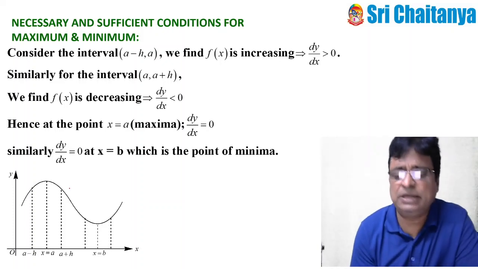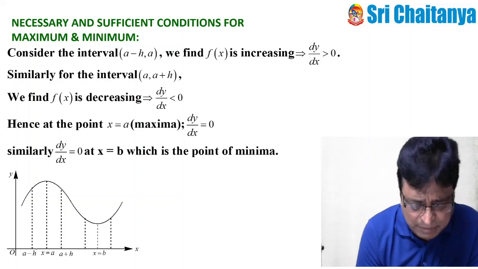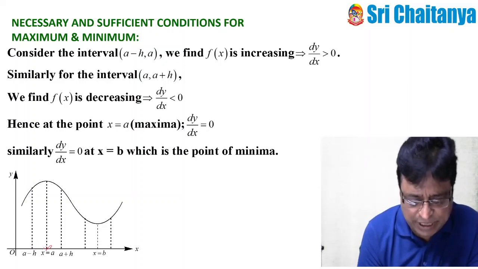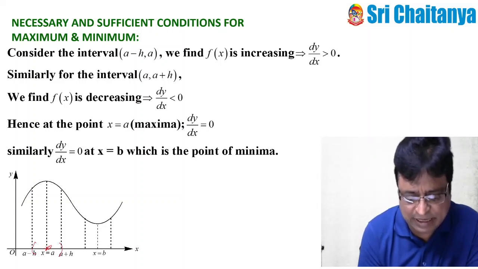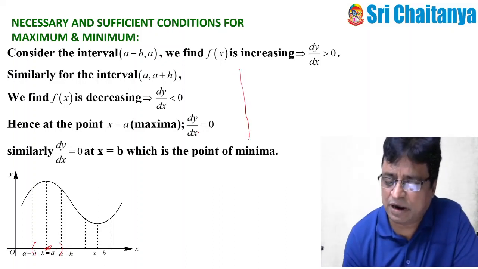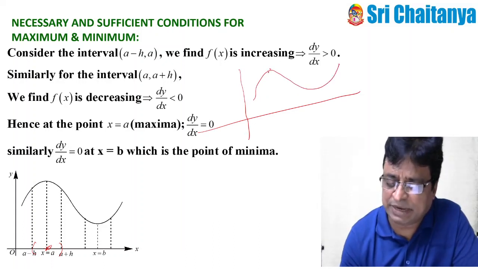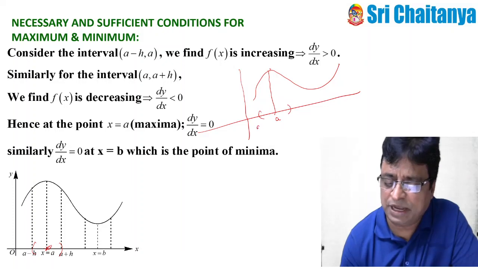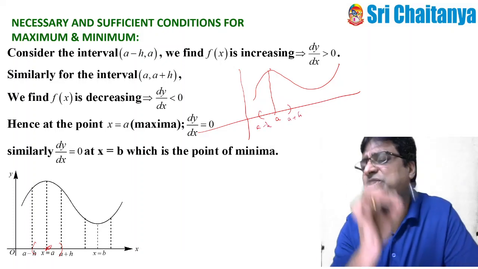Here, suppose this is my point x is equal to a and this is my neighborhood of a. This is my graph of the function, and this is a minus h and a plus h, where h is a small positive quantity.